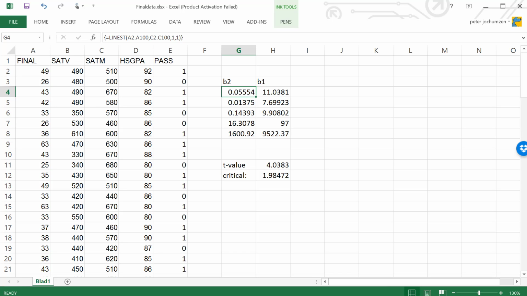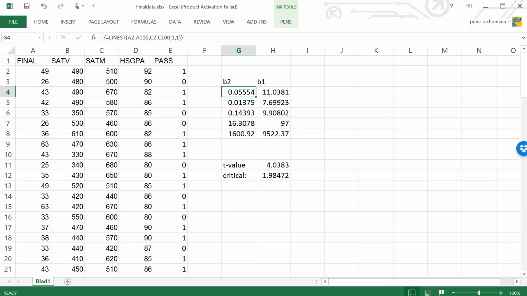We say that B2 is statistically significantly different from 0, or sometimes we just say that B2 is statistically significant. So even though B2 looks like a small number, 0.005, it is not 0. It's different from 0 with the level of significance at least 5%.